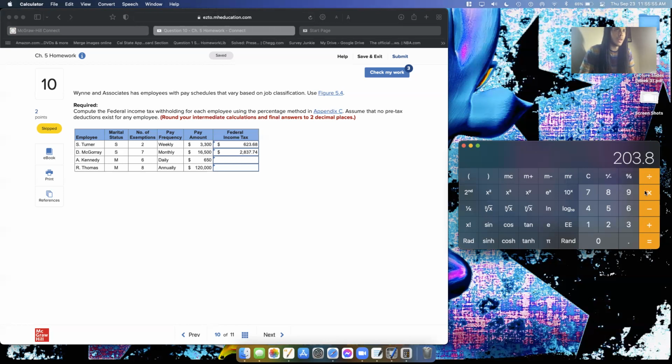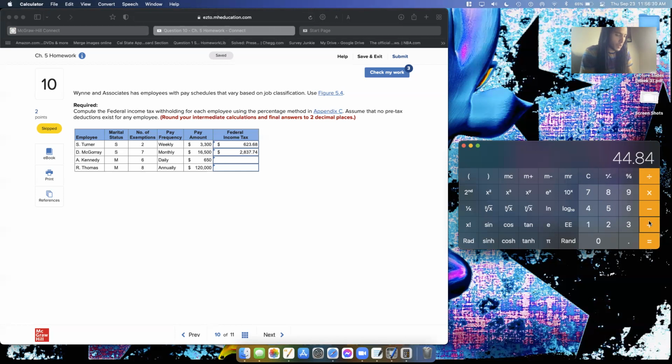So $203.80 multiplied by 22% is going to equal approximately $44.84 in the variable portion of the federal tax withheld. So if you round up that 3, it's going to turn into a 4, so we get $44.84. Then the final step is the fixed portion of the federal tax withheld.